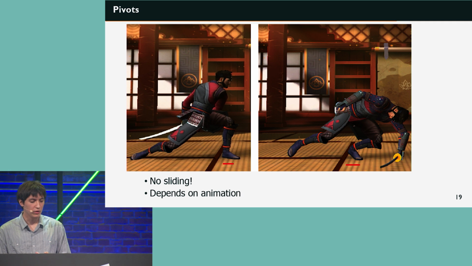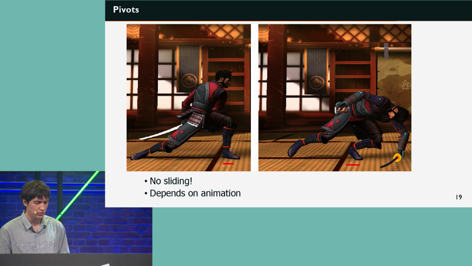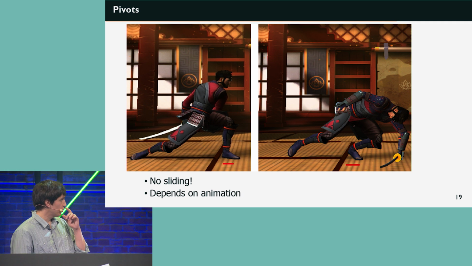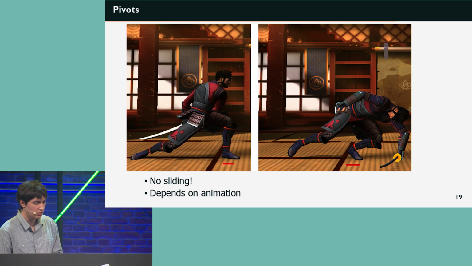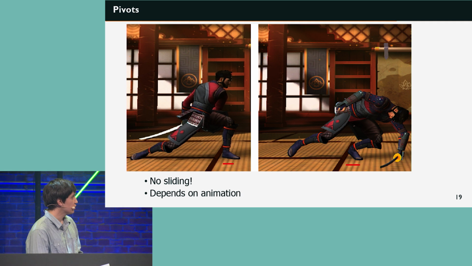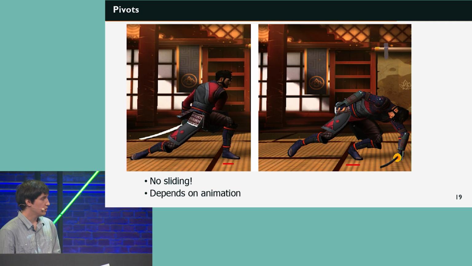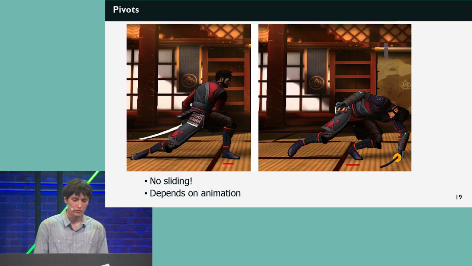Actually, it looks quite obvious, but we use it a lot, and we worked on it for some time. What do we do to prevent them from sliding? We have pivot points that say how the next animation should be shifted, so it won't slide.